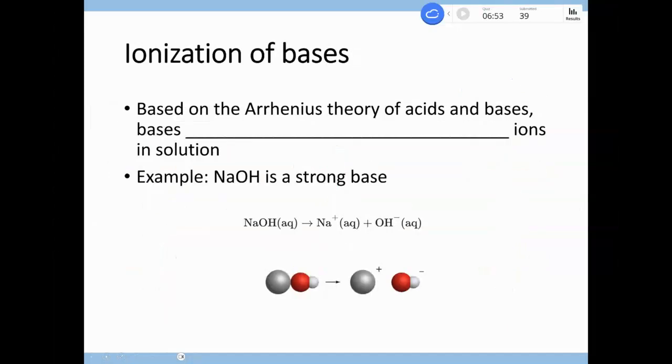So based on the Arrhenius theory of acids and bases, bases increase the concentration of OH- ions in solution.